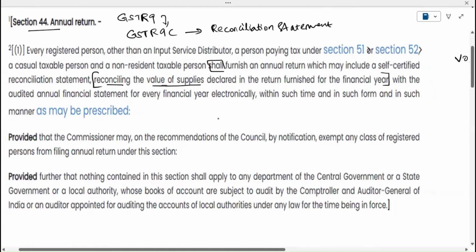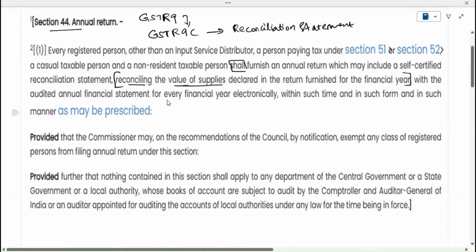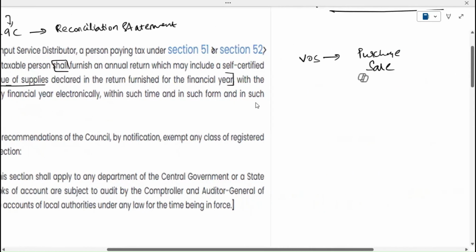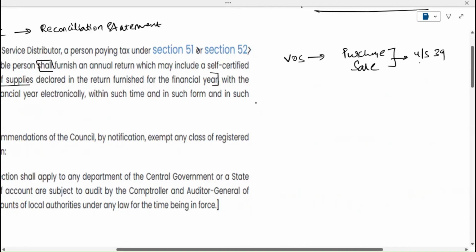So what they're asking: reconcile the value of supplies declared in the return furnished for the financial year with the audited financial statements for every financial year. So they are asking us to reconcile this purchase and sale, which is filed under Section 39. That is your GSTR 3B.